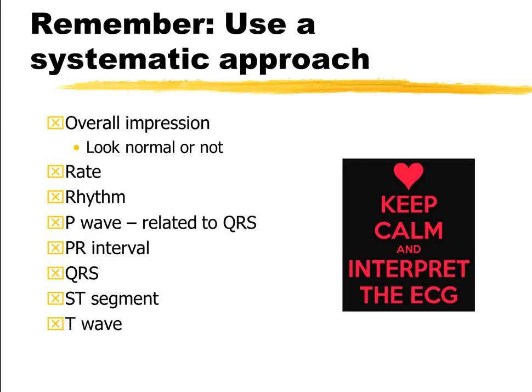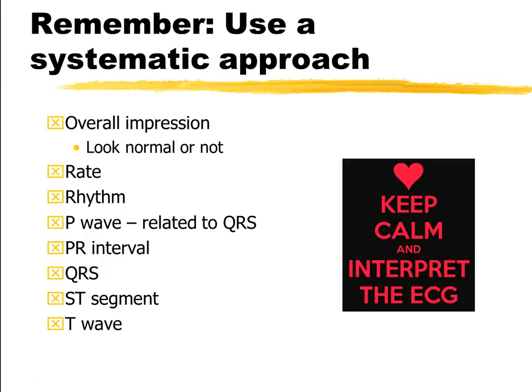So that's really the end of the major rhythms that I think you're going to need to know. But I want to remind you, what's your overall impression of this rhythm strip? When you look at it, does it look normal or not? Then go through that systematic pattern. What's the rate? What's the rhythm? Is there a P wave? Does the P wave look normal? Is there a P wave in front of every QRS?